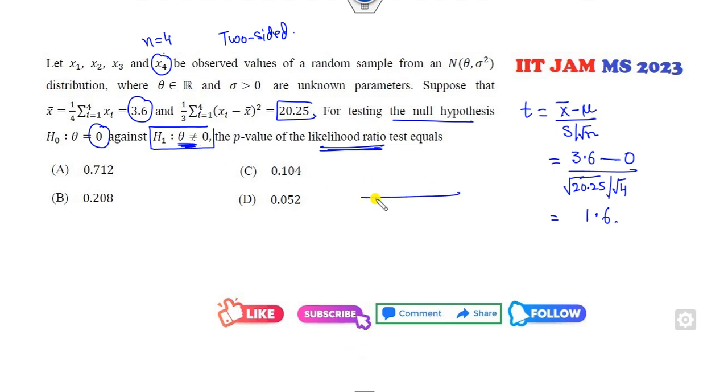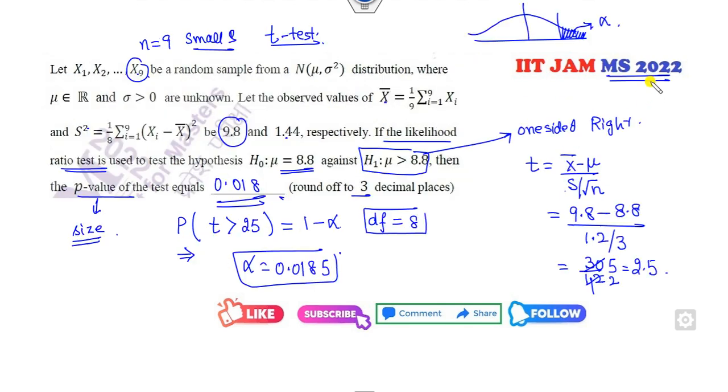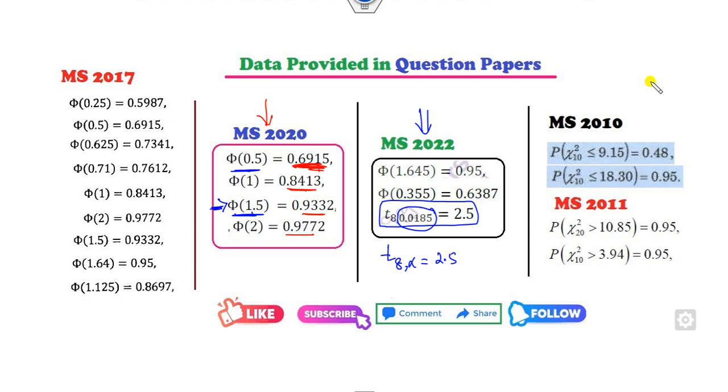Now since it's a two tail, this number is my alpha over 2. So your target is to find the probability that modulus t is greater than t alpha by 2, that is, greater than 1.6. Now again, you can look up this value in the table.